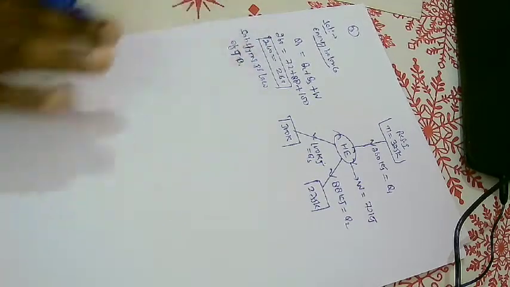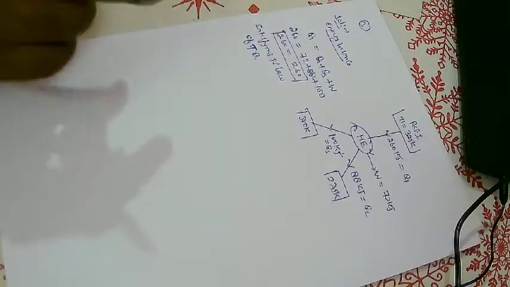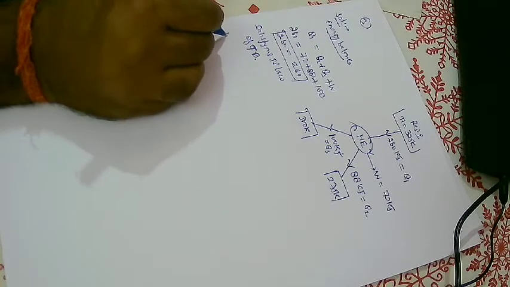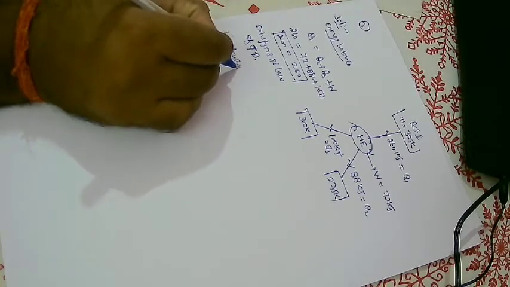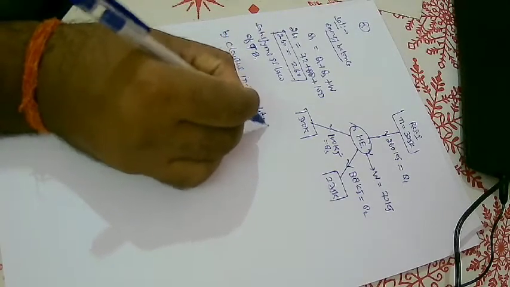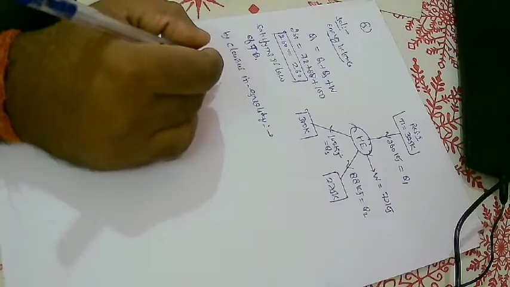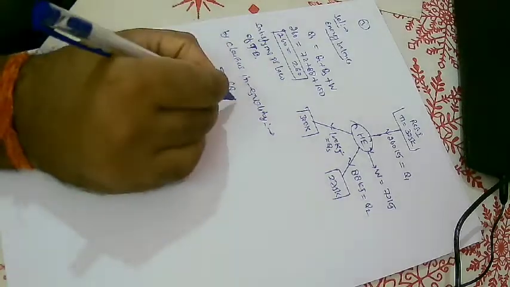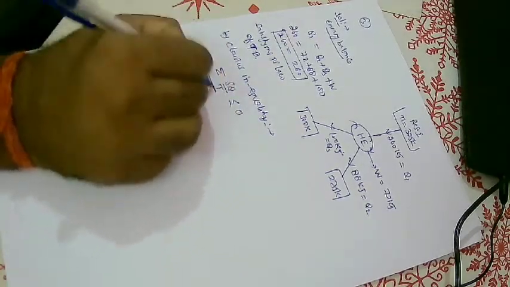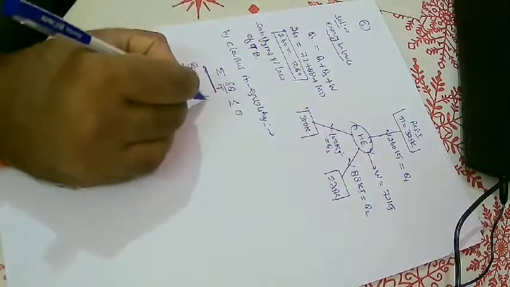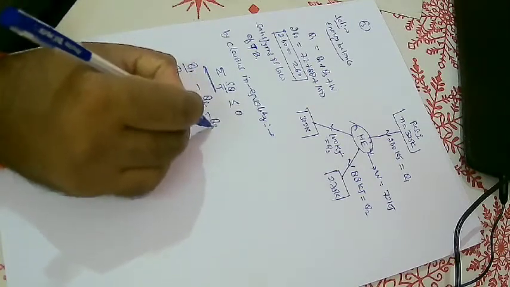That is one thing. Now we also have to go to the Clausius inequality, that is, the second law also needs to be satisfied. By the Clausius inequality, we need to apply the algebraic summation of dQ by T, which should be less than or equal to 0. So let's focus on the left hand side. Q1 is positive, so Q1 by T1, and these are all negative, so minus Q2 by T2 minus Q3 by T3.